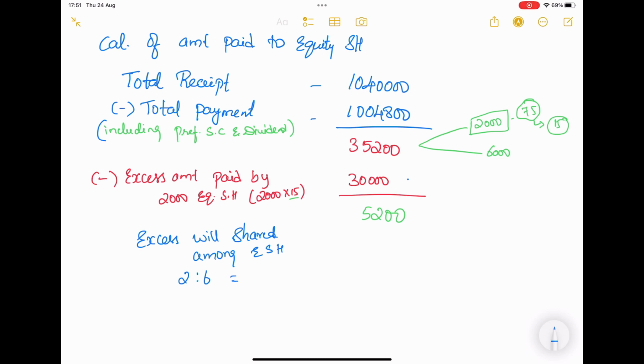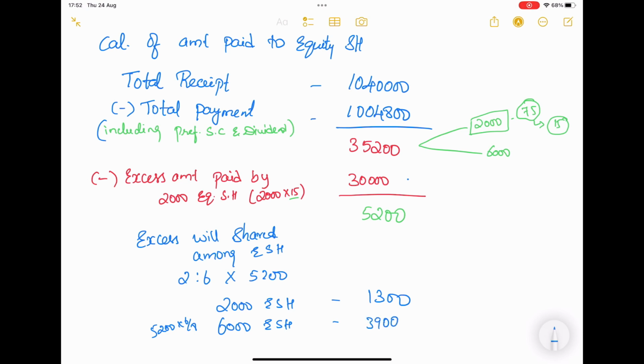So the 2,000 equity shareholders will get 5,200 into 2 by 8, they will be getting 1,300, and the 6,000 equity shareholders will get 5,200 into 6 by 8, they will be getting 3,900.